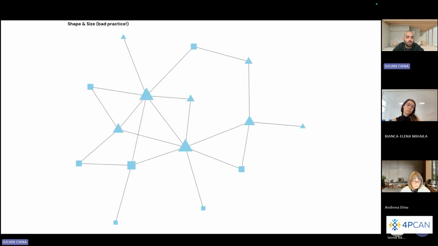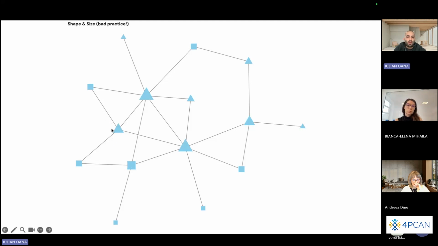As a bad practice, as I told you earlier, here is an example of combining shape and size, right? Because, for example, here, it's hard to tell what's the difference, or if there is any difference between this triangle and this square here. Here, it's kind of easy to tell because it's a small network with few nodes.